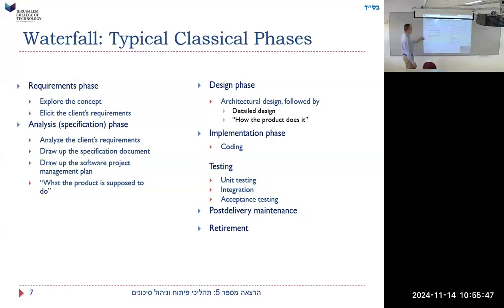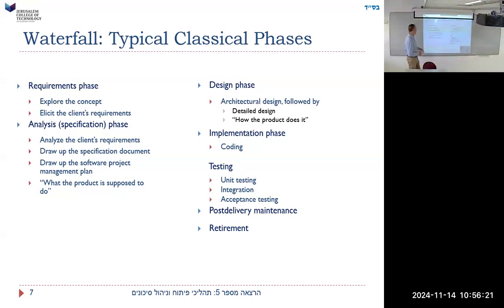The analysis is a deeper analysis into what the requirements are. Draw up the specification document. The first part is more like brainstorming, where you just get the information. Here, you categorize it, analyze it, put it in an initiation document. You try to answer the question of what the product is supposed to do.